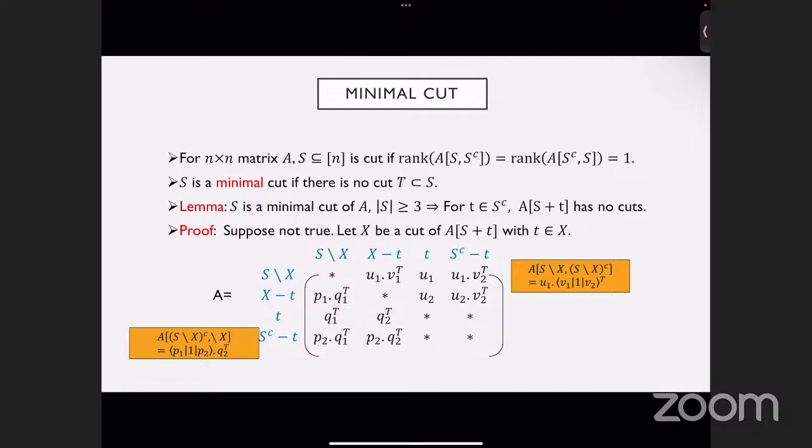But now if we consider this set S minus X, it turns out to be a cut of this matrix A. Because if we consider this submatrix corresponding to set S minus X and its complement, it is the dot product of U1 times this concatenation of V1 and V2. And similarly for this other submatrix. So this contradicts the minimality of cut S. This completes the proof of this lemma.